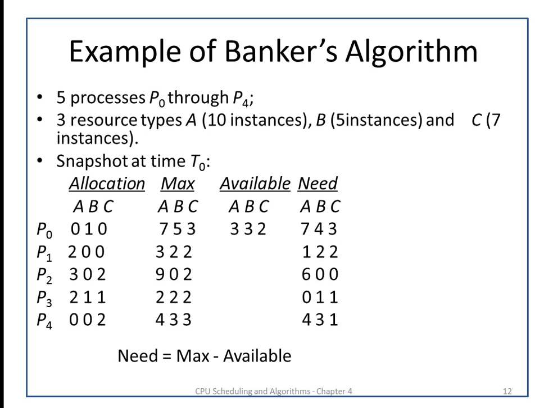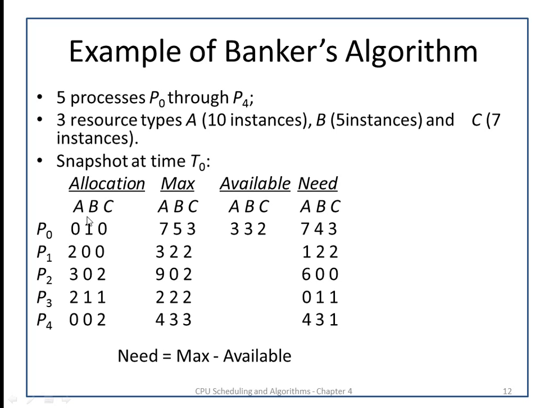There are 5 processes, from P0 to P4. There are 3 resource types: resource A with 10 instances, resource B with 5 instances, and resource C with 7 instances. At time T0, the processes P0, P1, P2, P3 and P4 have been allocated resources in this way.